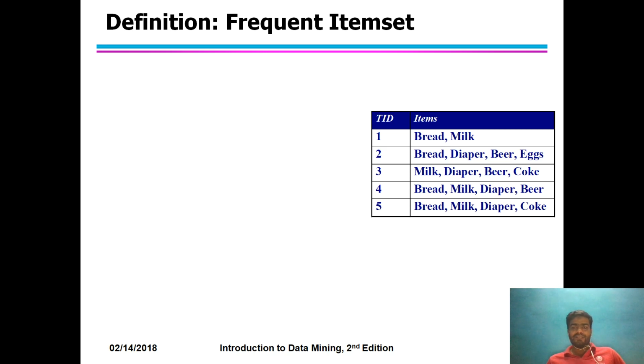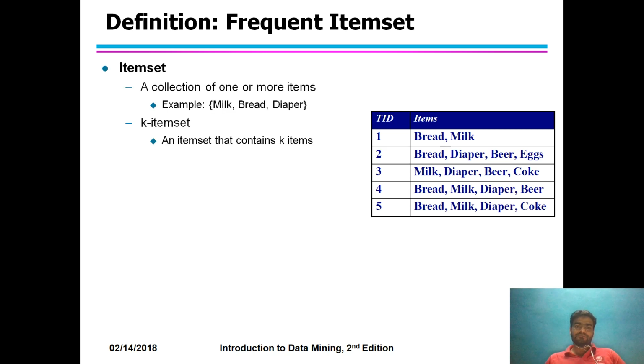Diaper is bought by 2, 3, 4 and 5, 4 customers. Beer is bought by 3 customers and egg only by the second customer. So, here bread, diaper, milk, beer and coke are frequent items, and egg is not a frequent item because it is bought only once. So, what is a frequent item set?